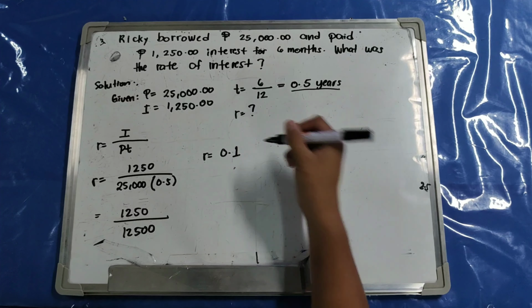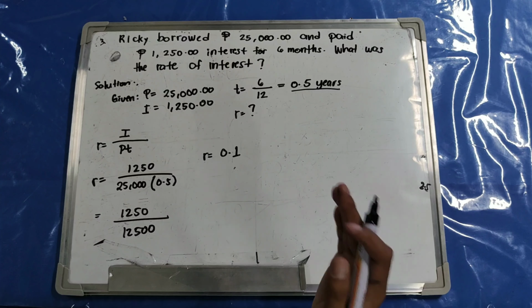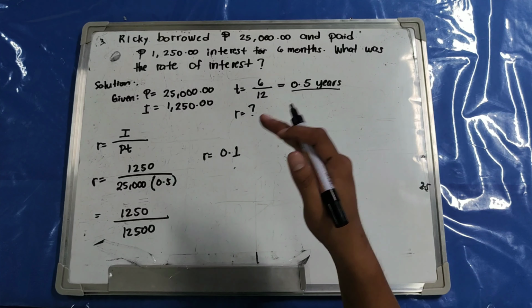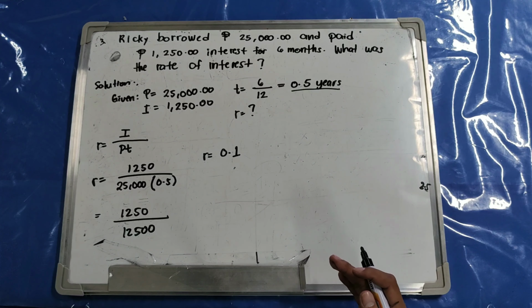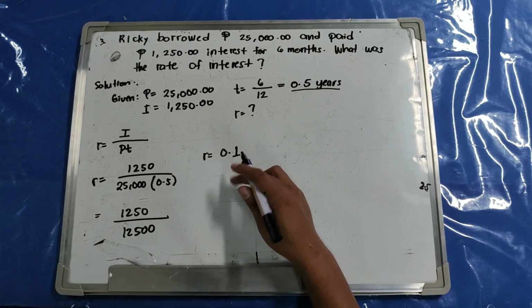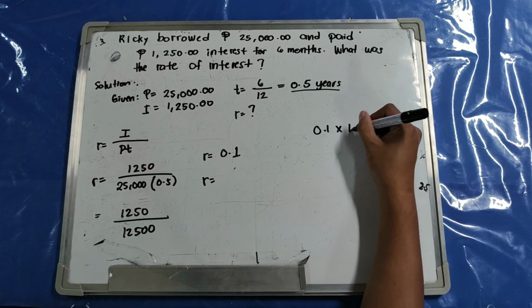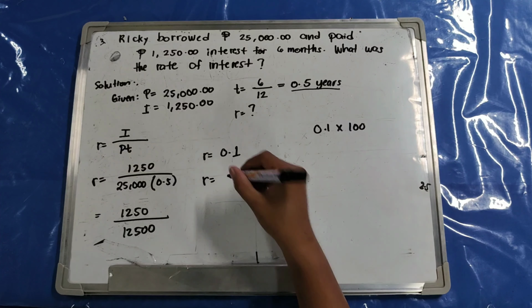0.1. As I said earlier, rate is in percent form. So when we convert percent into decimal, we have to divide it by 100. In reverse, when we are going to convert decimal into rate or into percent, we have to multiply it by 100. So to get the rate, R, 0.1 times 100 is 10%.